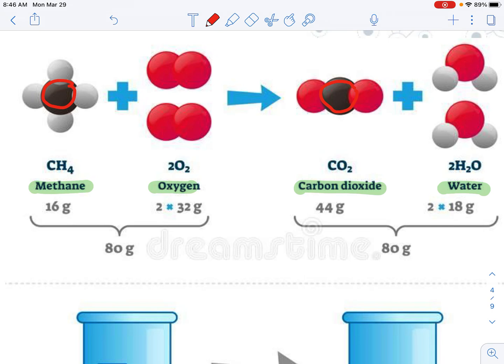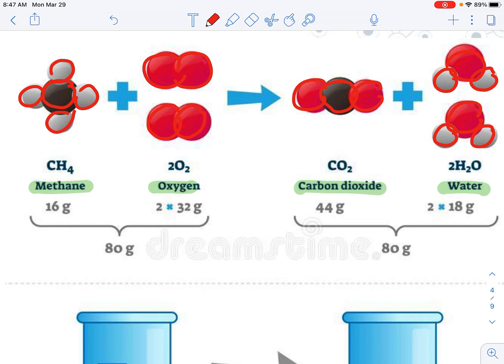You see 4 hydrogen atoms on the reactant side and 4 hydrogen atoms on the product side, and then 4 oxygen atoms on the reactant side, and 4 on the product side. So the same number of atoms that we began with, we also ended with, we just happened to rearrange them.